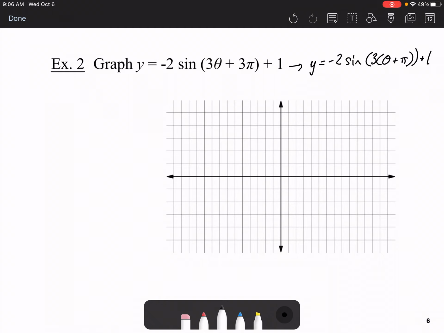Well, what this tells me is we can use a transformation statement to actually graph this. So I can use theta and y using my transformation statement. I'm going to take my values of theta and I'm going to divide by 3, and I'm going to subtract the value of pi. And my y values, I'm going to multiply by -2, and I'm going to add 1.